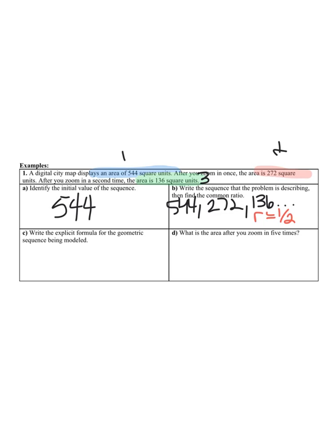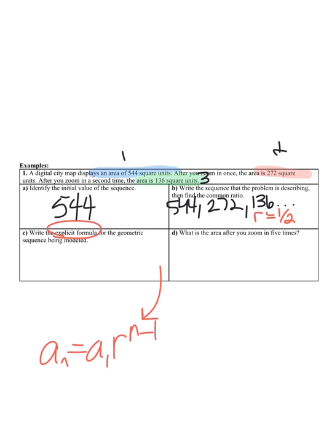Write the explicit formula. All right, if you've forgotten what that explicit formula is, it looks like this. A sub n equals a sub 1 times r to the n minus 1. So I'm going to plug in everything that I know, which I know a sub 1. I know that that's 544, and I know r is now 1/2.